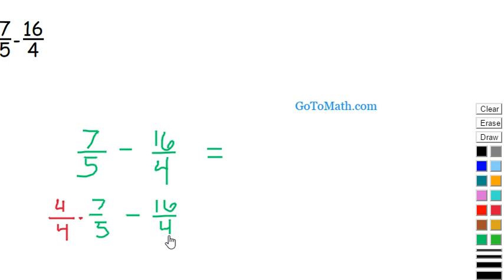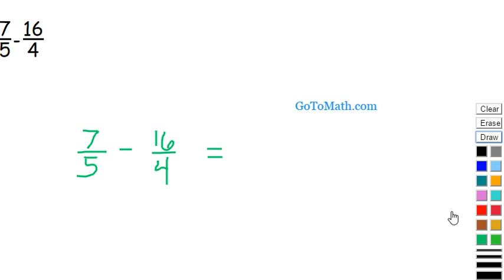And you know what? I just now saw something. This can actually be reduced. We are going to reduce that before we do anything else. Whoa, I definitely didn't want to do that. Let's erase that again.